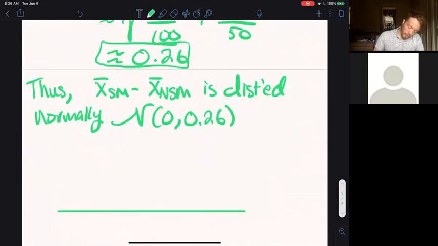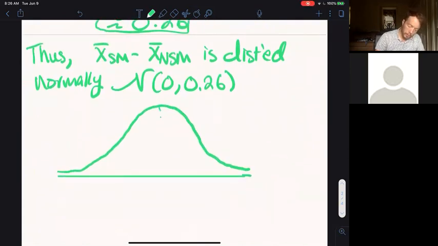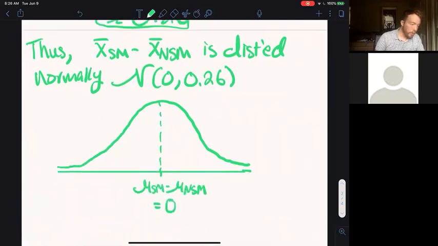The difference of the means is going to have a distribution that looks something like this. It is centered at the true population difference, which we assume by the null hypothesis was equal to 0.